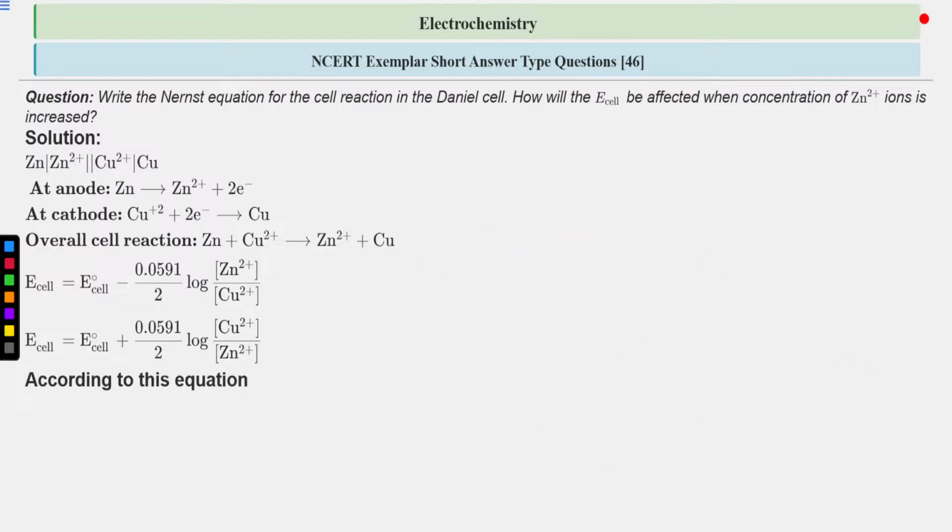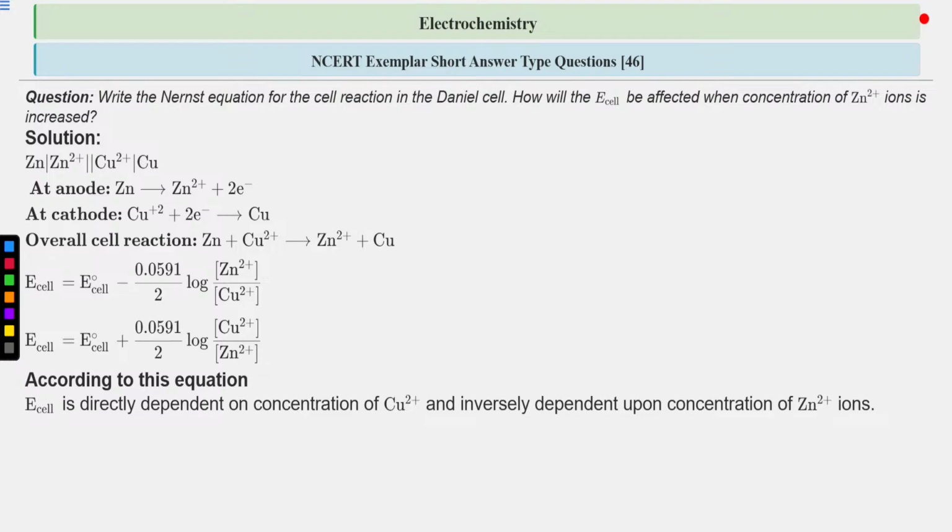Now according to these equations, E of cell is directly dependent on the concentration of copper 2 plus and inversely dependent upon the concentration of zinc 2 plus. As the positive term has come, E of cell is E naught plus some value, because concentration has some values for the ions, and if you apply the log, that will also come in some numerical form.